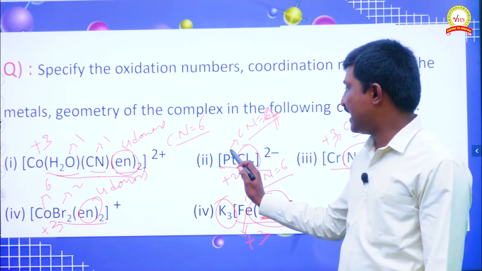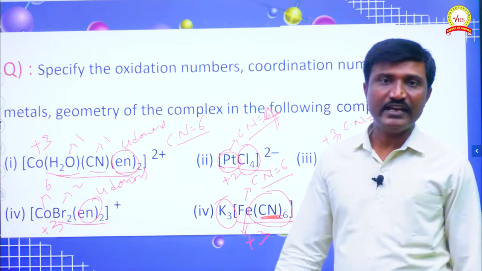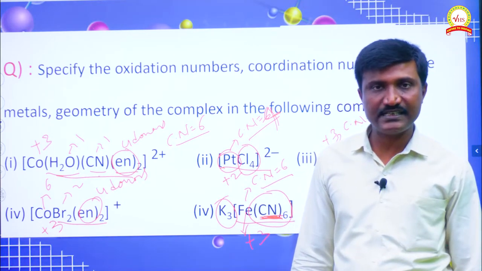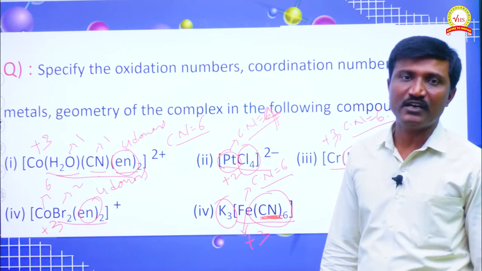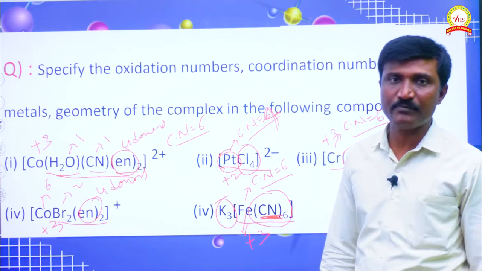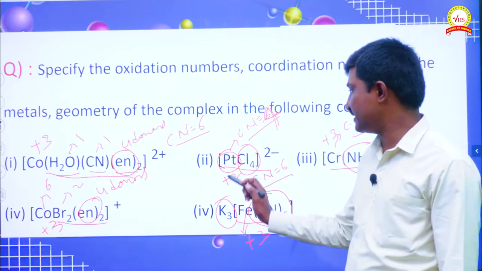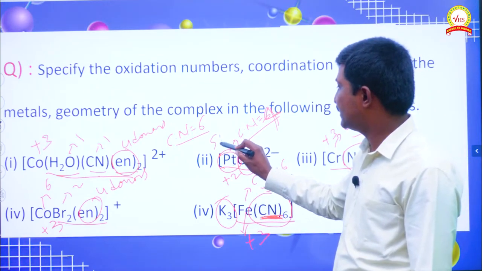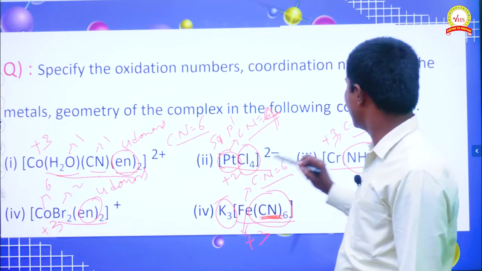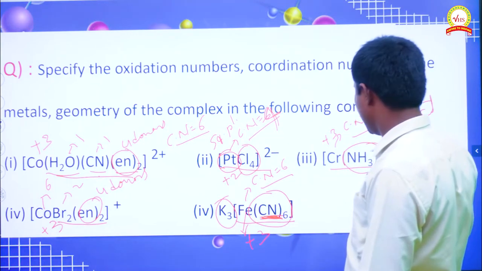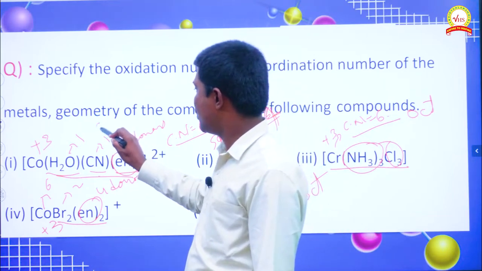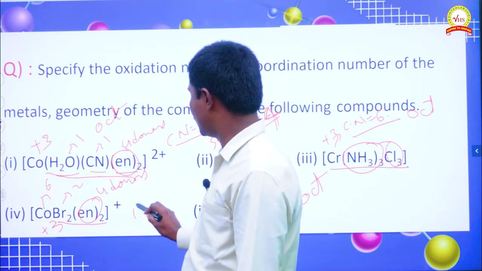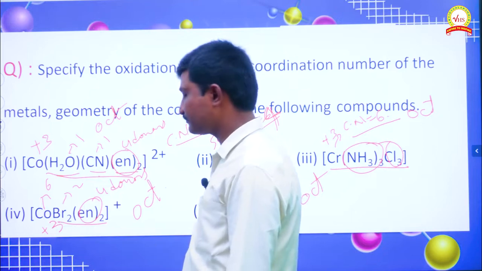But here platinum is a 5d element, and for 4d and 5d elements, square planar complex compounds are possible. So the geometry for this one is square planar, and for the others octahedral.